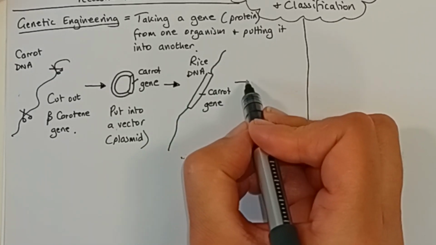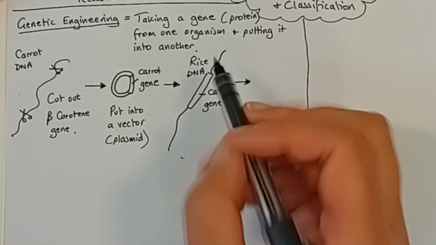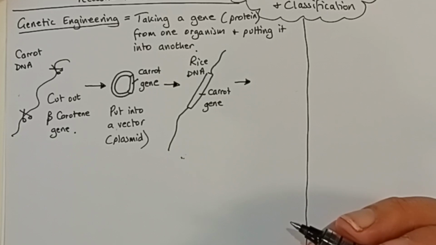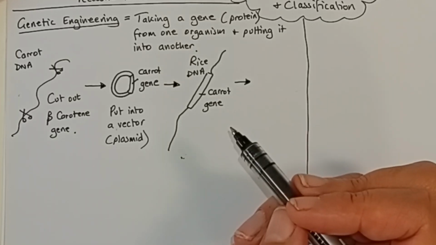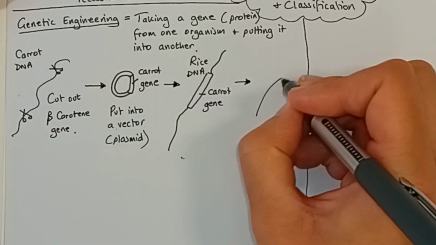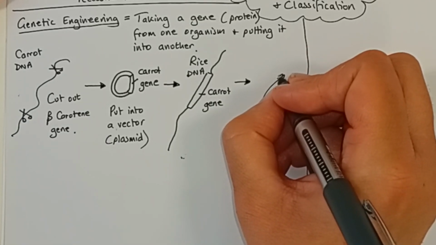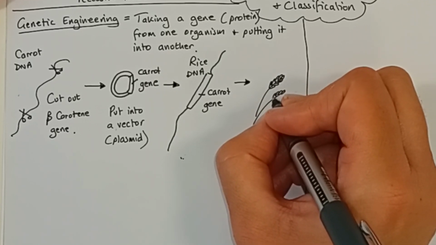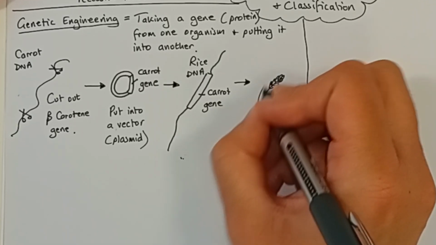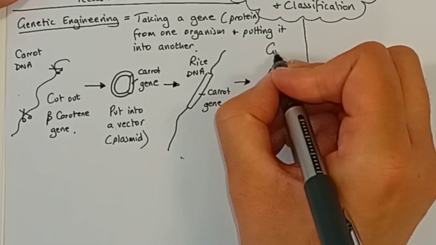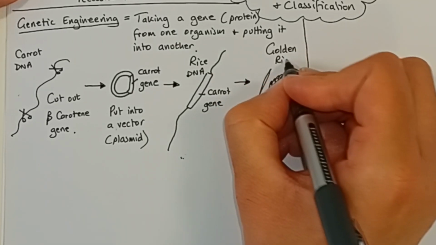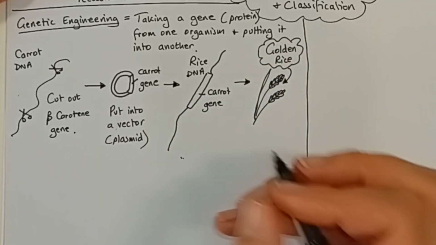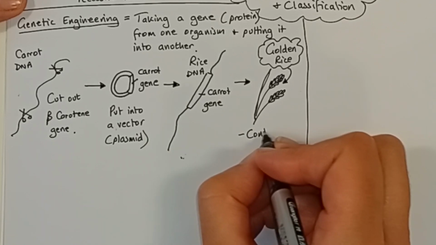And that rice plant will make, whenever it makes its normal rice genes, it will also make this particular carrot gene, which means the rice will end up a yellow colour. We call it golden rice because the rice will contain beta-carotene. So here's our rice. Rice has lots of small grains. But instead of being white rice, it will have a yellow golden colour, golden rice. So it contains the beta-carotene.